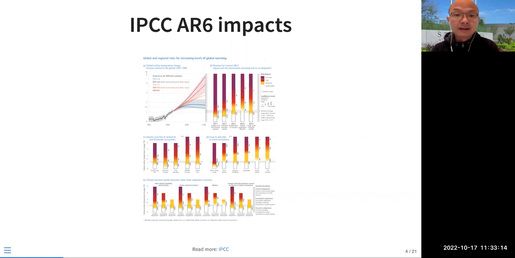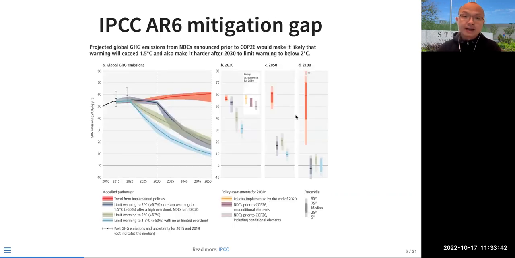And as you can see here, SSP1-1.9 represents a level of less warming climate, within 1.5 degrees C of warming. That's the desired outcome. But that involves quite some effort to achieve. And that's what this chart shows, the mitigation gap.